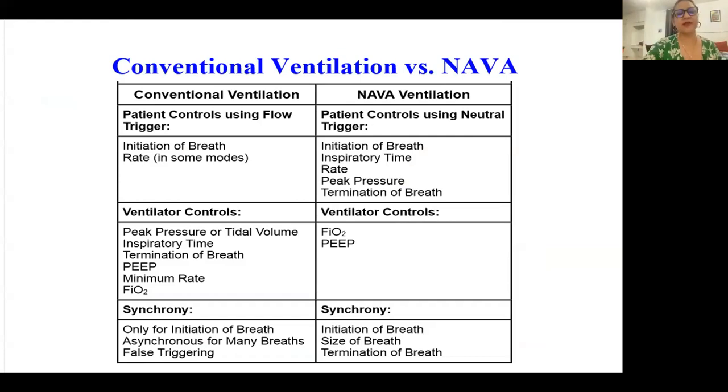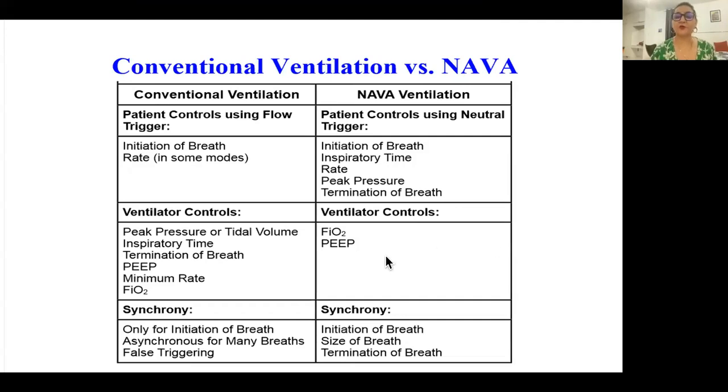And in some of them, like in assist control and in pressure support, even the rate. However, in NAVA the patient controls using the neural trigger, and it controls everything: initiation of breath, inspiratory time, rate, PIP, and termination of breath.